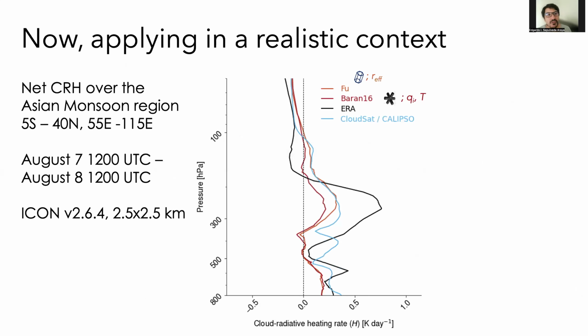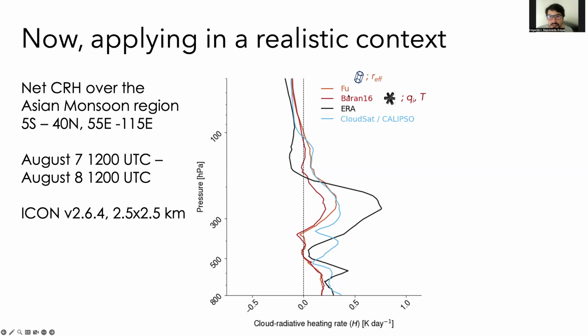So now what happens if we apply this scheme in a more realistic context? We tried to study the sensitivity with idealized single column simulations, but if we take the same scheme, the same radiative transfer model, into a storm resolving model like ICON, for example, in the Asian monsoon region, we can compute the average of the heating rate under a certain context.